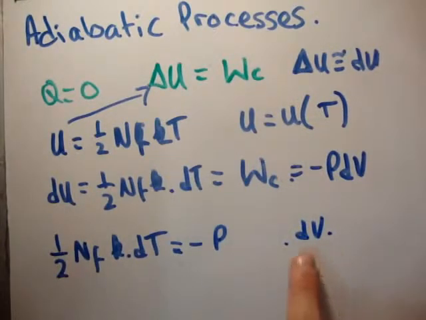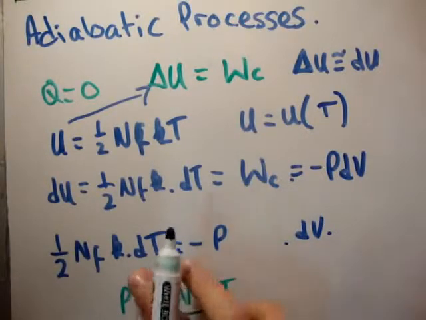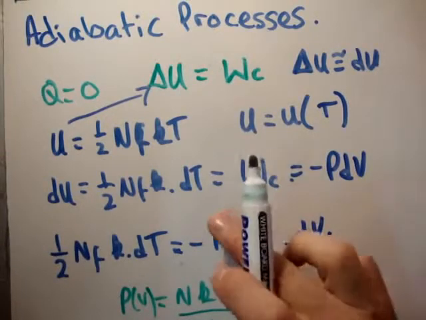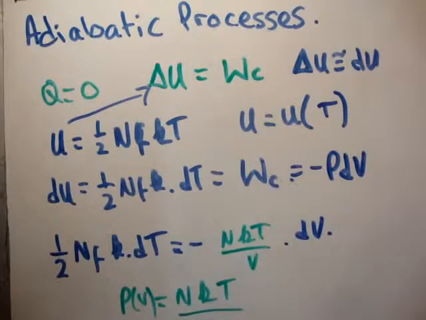Now, in order to integrate this, I told you we often need to get p as a function of volume. So look at the ideal gas law. That means p is equal to that. That's p as a function of volume, so I can plug it in here: nkt over v.